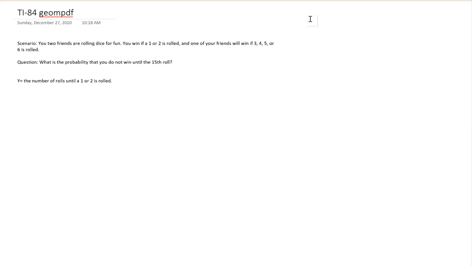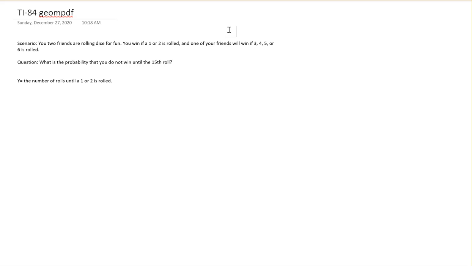And you can always confirm that this is a geometric setting by checking your acronym BITS. It is binary. The success is rolling a 1 or a 2, and failure is 3, 4, 5, or 6. Every roll is independent of the others, so we have independence. The number of trials is not specified, and we are just counting how many it takes until we have a success.